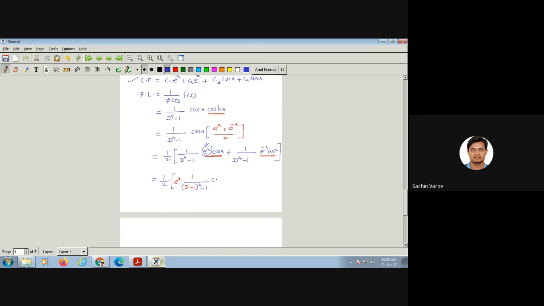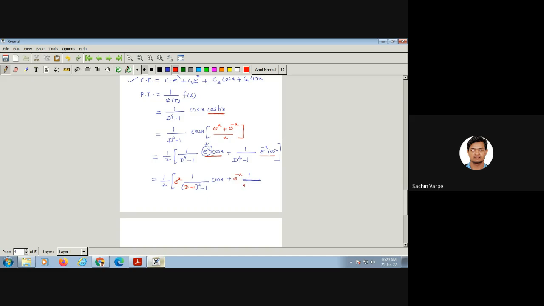Operated on cos x, plus, here also the same thing, I'm writing the exponential function outside the operator, that is e raised to minus x. This red ink denotes the changes, okay.